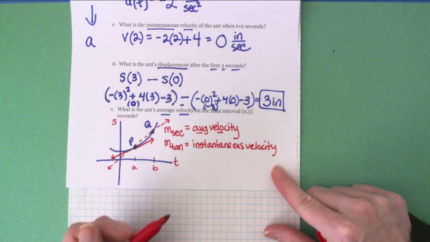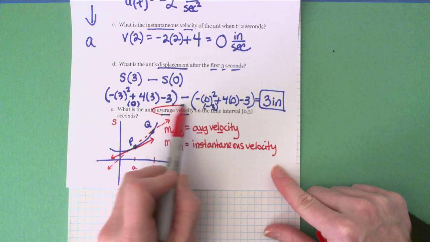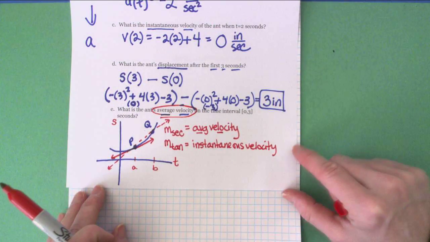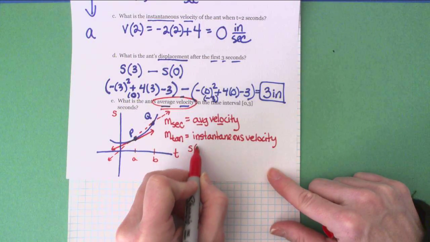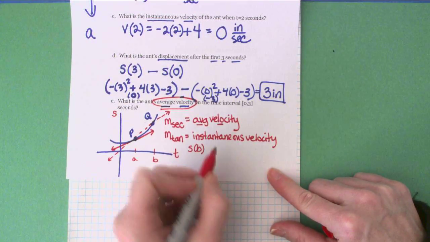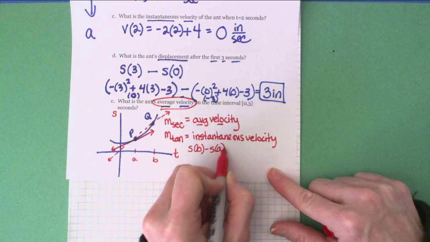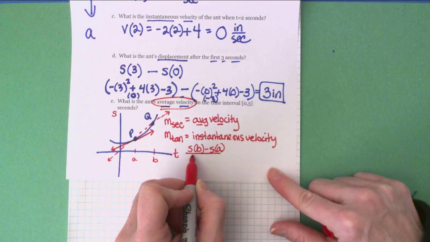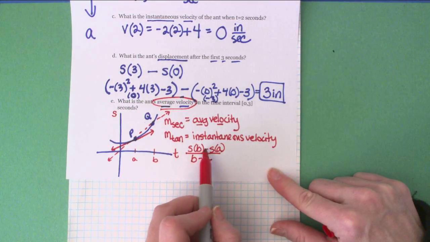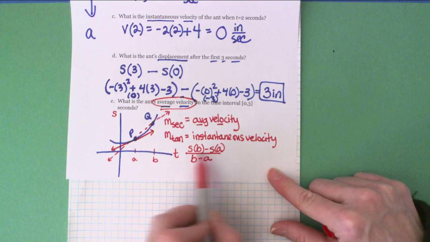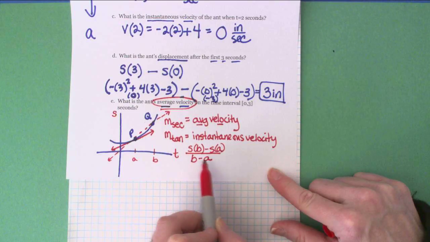This question asks for the average velocity. So we're going to use this formula. Position at time B minus position at time A over time B minus time A. So it's your position at your ending time minus your position at your start time divided by your ending time minus your start time.